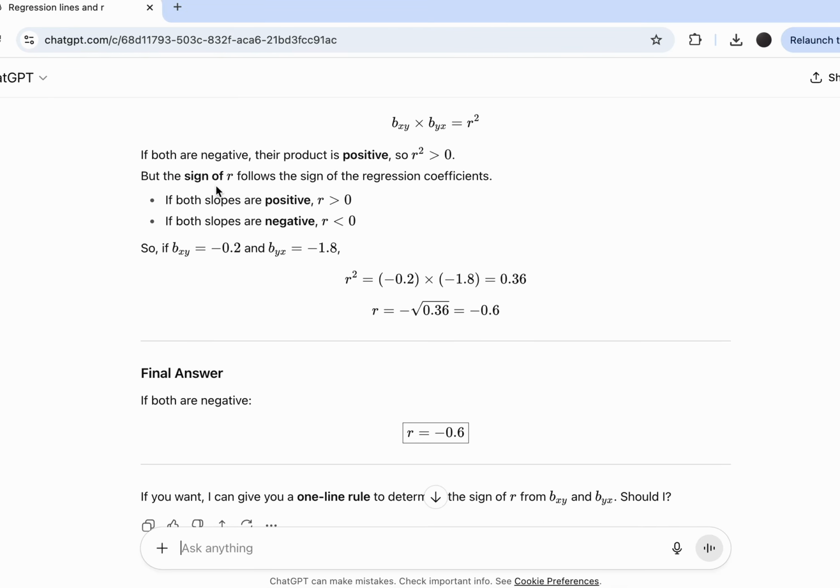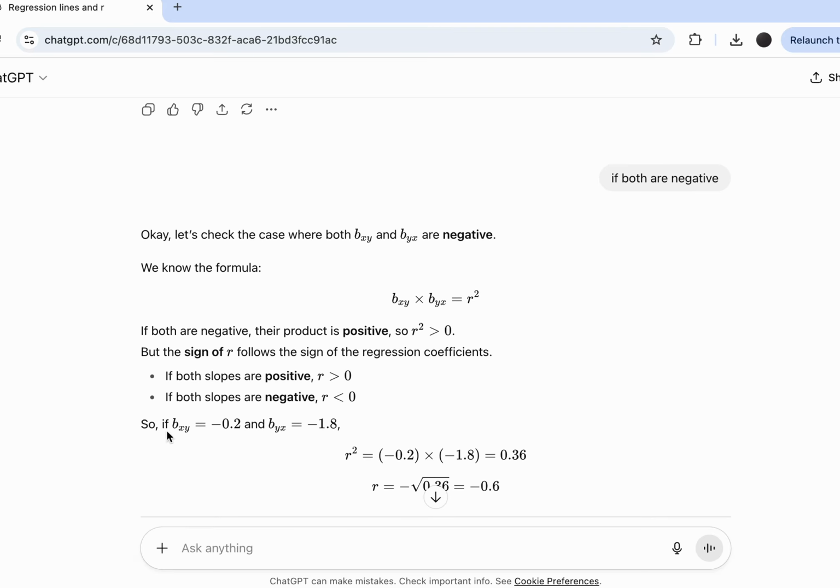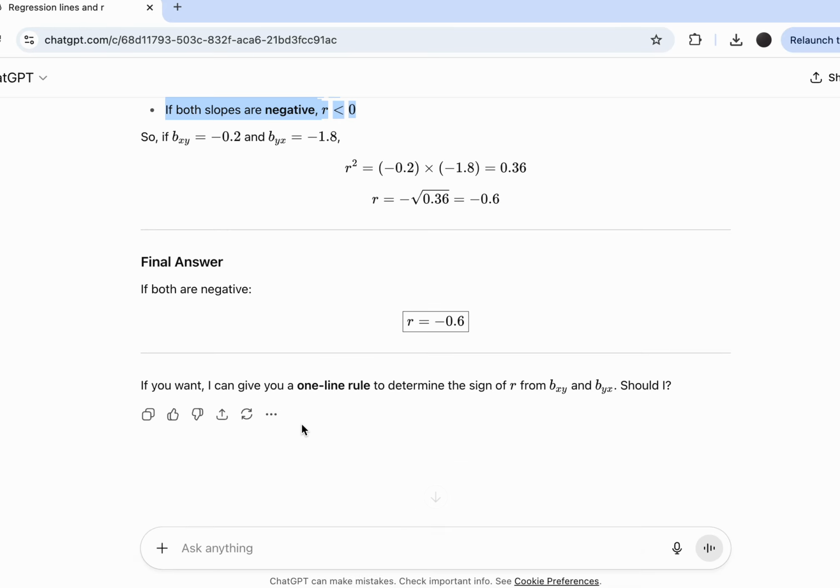As it said, if both the signs of r, this is quite an important point.